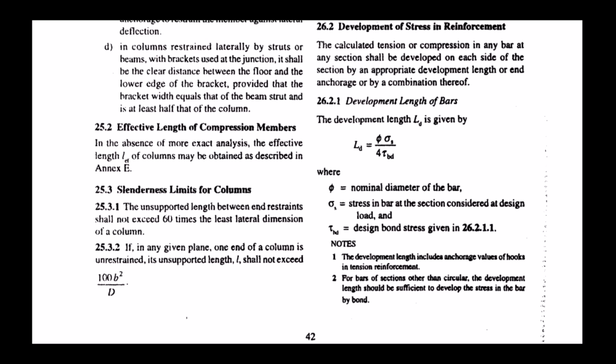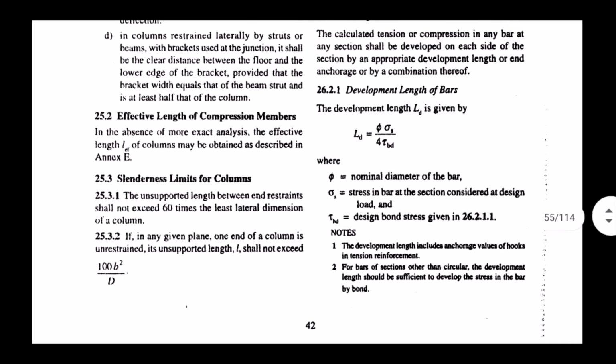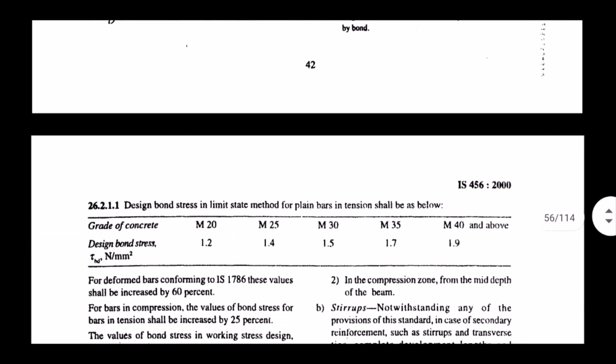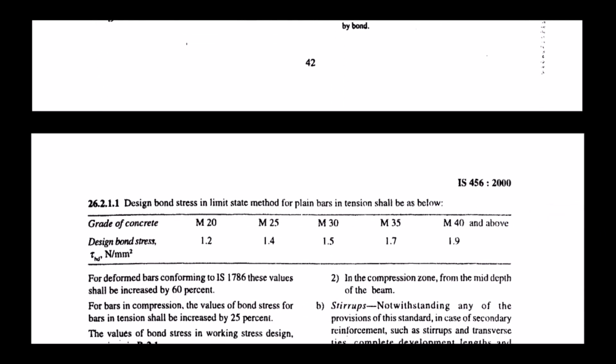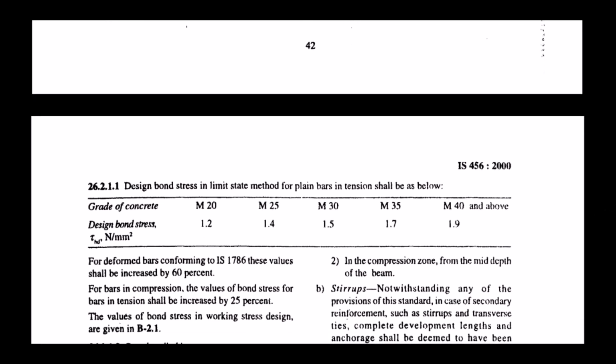We have seen the formula and its detail in my previous lecture for the singly reinforced beam, the link for which is given in the description box. You can check that there. The value of tau bd is given here in clause number 26.2.1.1. For grade of concrete M20, the value will be 1.2, and for deformed bars it shall be increased by 60%, right?